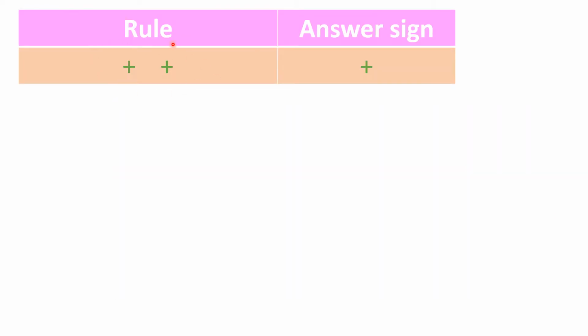So the first rule tells us that when we multiply 2 positive integers, we get another positive integer, right? So let's look at the examples. Look at these 2 integers. This is 3 and this is 4. Both these integers are positive integers, right? There's a plus sign for this 3 and a plus sign for this 4.